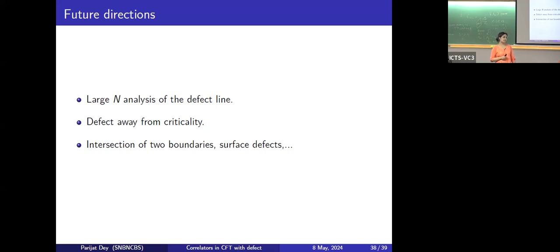Okay, that is a good question. I do not know the answer. We did some large n analysis of this cubic symmetry, but that was purely a bootstrap approach. So for this G1 and G2, I cannot comment on that. It would be nice to see if something concrete can be said.